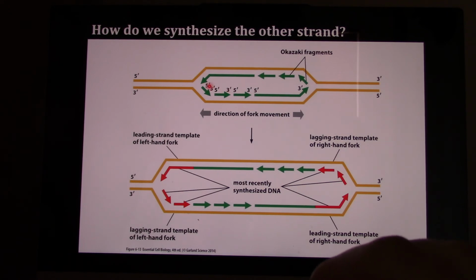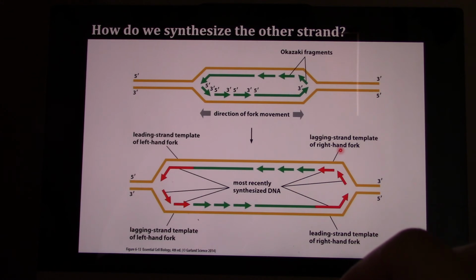We've always got to start 5' to 3', and that's why we create what are called Okazaki fragments in the lagging strand, because of the direction of movement and the orientation of the template strand. Going down to this bottom diagram, we have the leading strand template on the left-hand fork on the top, but on the bottom we've got the lagging strand template.